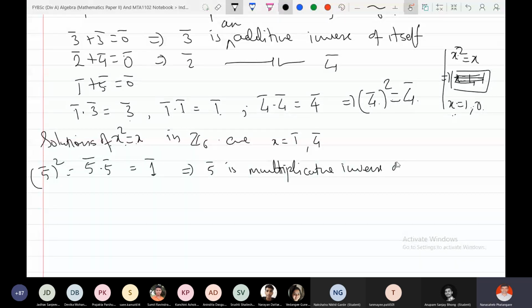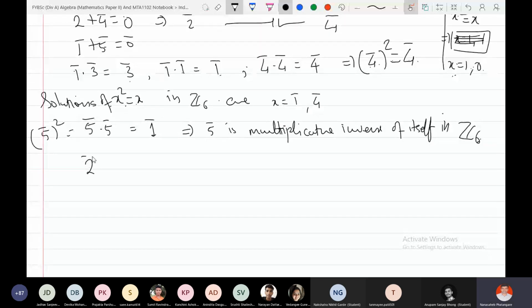In Z6, we are talking about Z6, right? So 6 is special in this case, not in general. In Z5 or in Z10, the things are different, right? In Z6, 5 bar is a multiplicative inverse of itself.